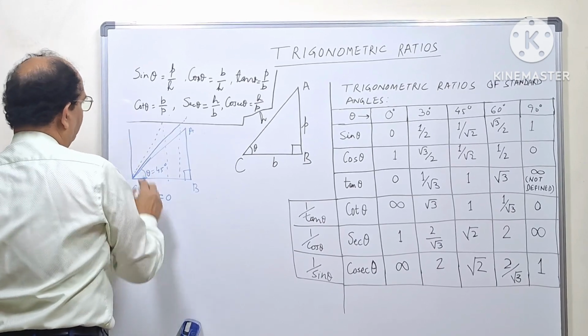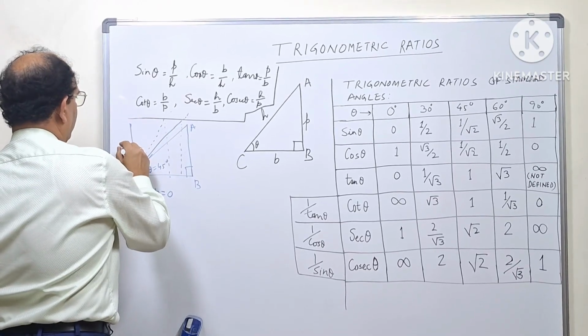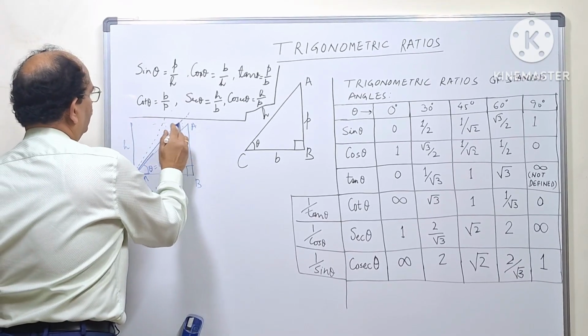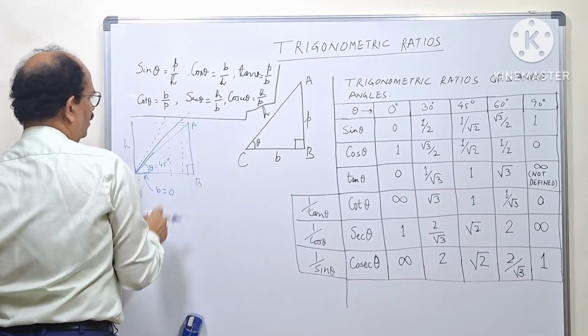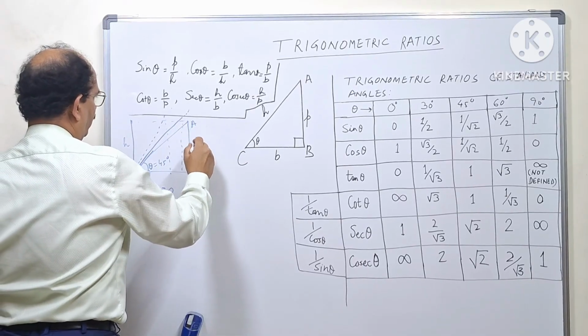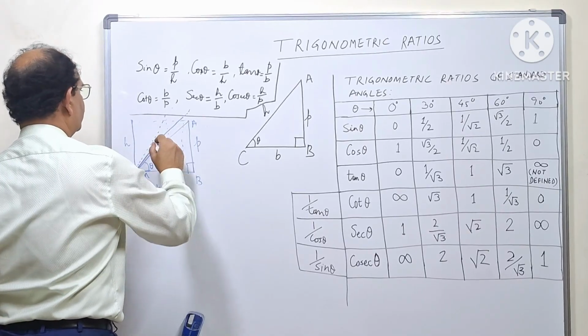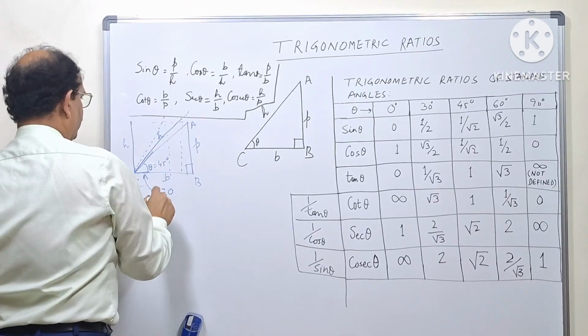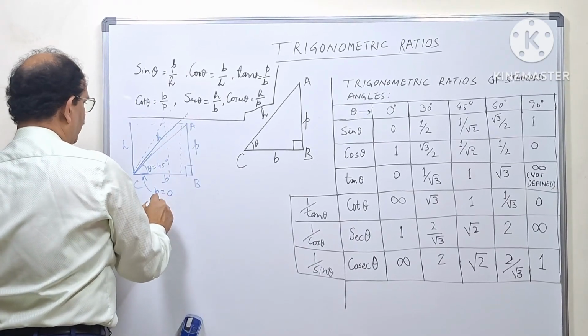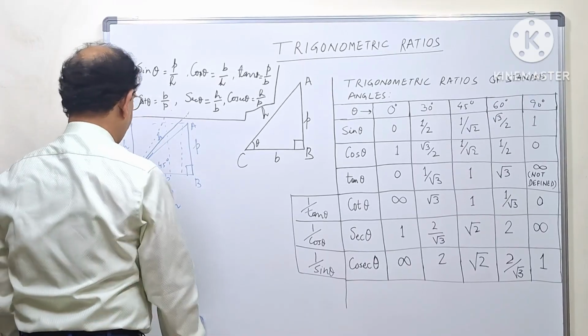And this side, which is hypotenuse, will become parallel and equal to the perpendicular. This is perpendicular, this is base, this is hypotenuse. Correct? So in this case, base becomes 0 and your perpendicular will become equal to hypotenuse.